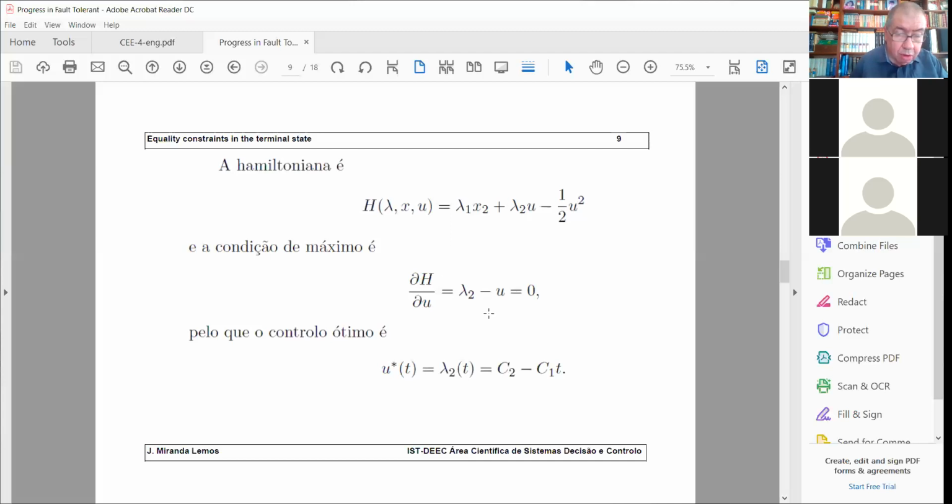So the optimal control verifies this condition that this derivative is 0 for lambda 2 along an optimal path. But we know that lambda 2 is C2 minus C1t. So we can restrict the possible values of the optimal control. So the optimal control will be a straight line, and we have to find out this C1 and C2.